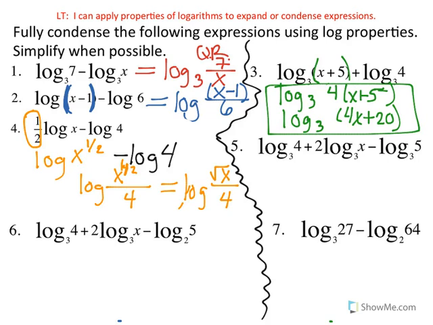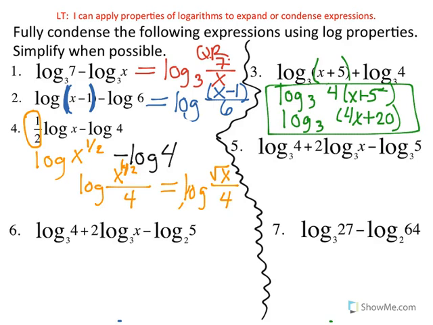So I'm seeing all of these logarithms have the same base. That's good. That means I can condense them using my properties. I'm seeing an addition symbol and a subtraction symbol. That addition symbol is going to tell me the product rule, and the subtraction symbol between two logarithms is going to tell me the quotient rule.